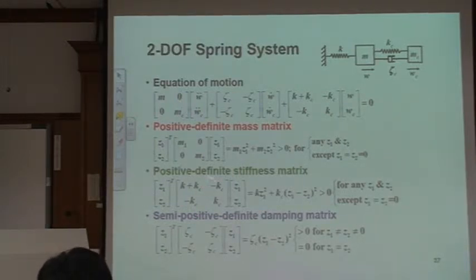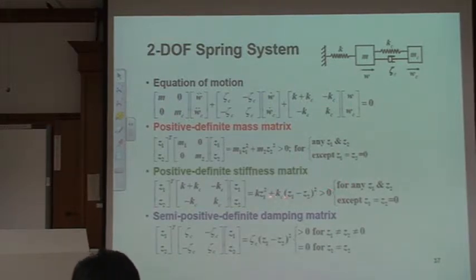Next we look at the stiffness matrix to see if it is positive definite or not. Obviously, you can plug in any vector, and when you multiply them together, expand everything and combine it, you can find this result here.